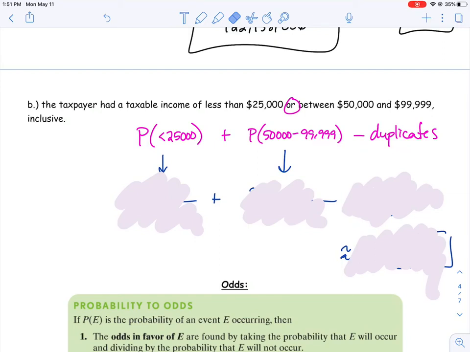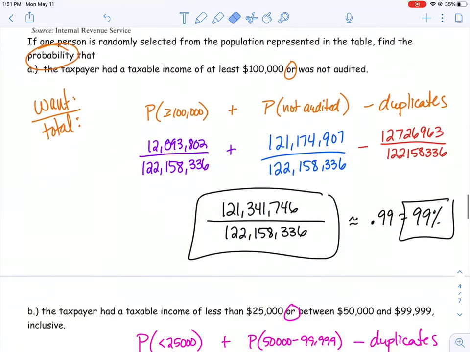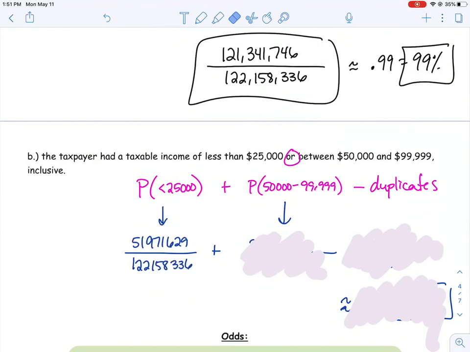So go back to the chart, figure out what's the probability of making less than $25,000. Well, the people that made less than $25,000 were the 51 million out of the total 122 million. Now go back to the chart and figure out how many people made between 50 and 100.